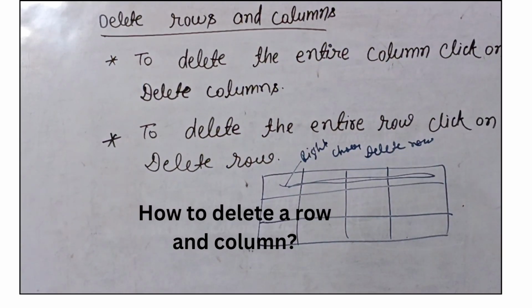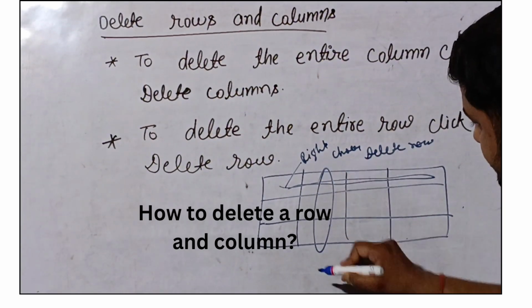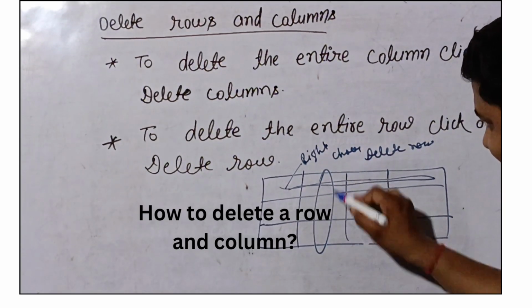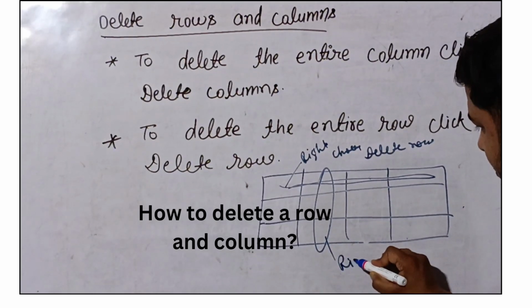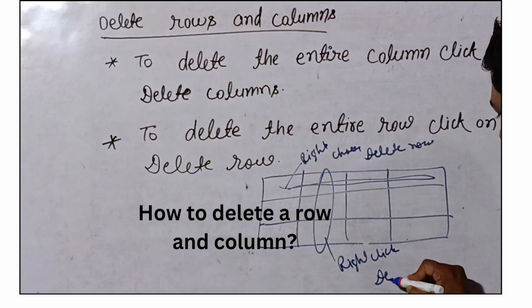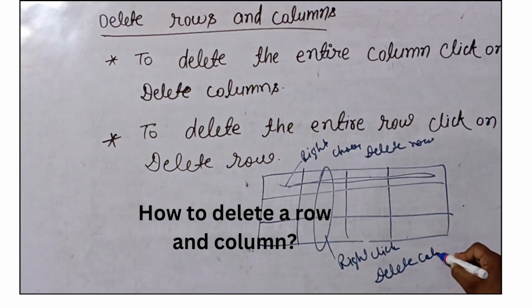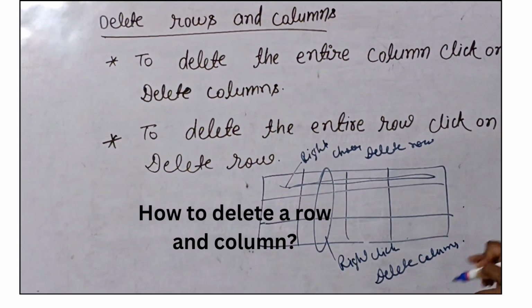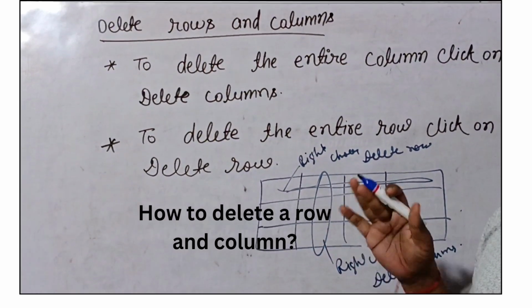And if you want to delete a column like this one, same process, select this and right click here and choose delete columns. Okay, now come to the next topic.